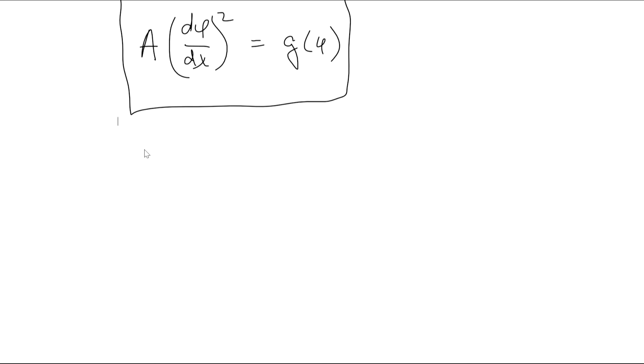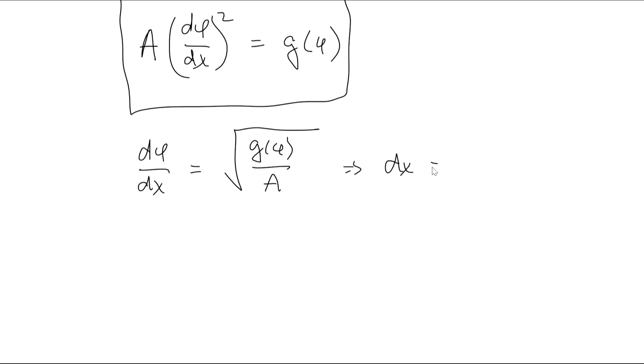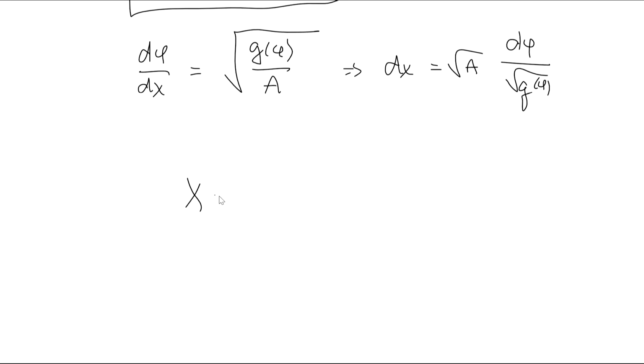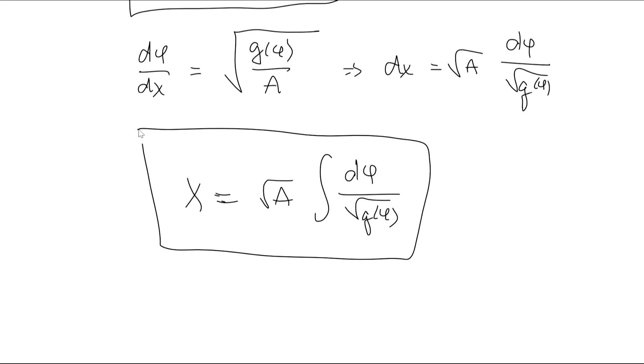We can write that dφ/dx is equal to the square root of g(φ) over a, from which we can find dx is the square root of a dφ divided by the square root of g. And from this we find that x is equal to the square root of a times the integral of dφ divided by the square root of g(φ). So this, I think, is the main result.